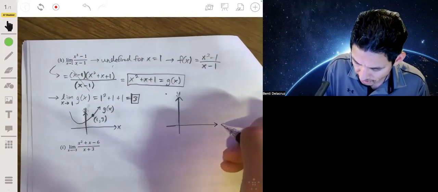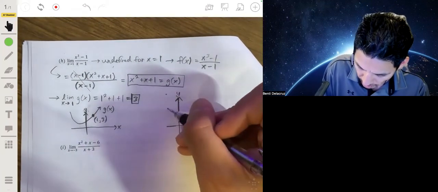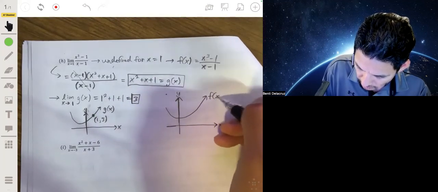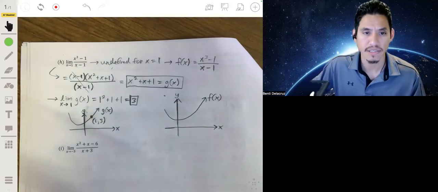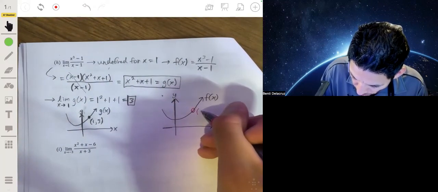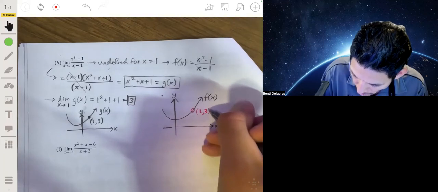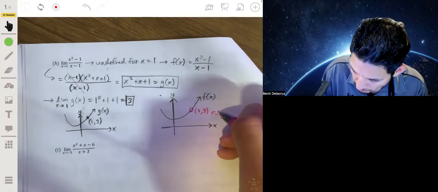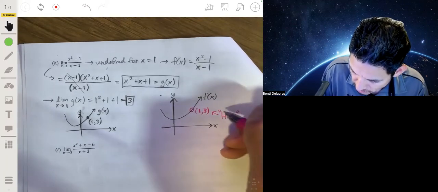So if we were to graph it, you would just graph the exact same parabola, f of x, except at 1, 3, there's a hole. Or it's a discontinuity.